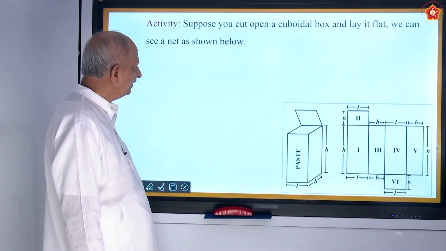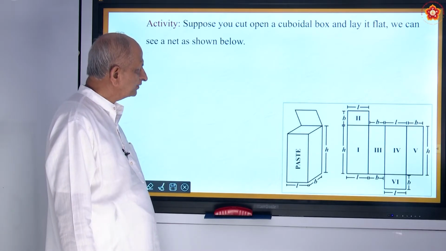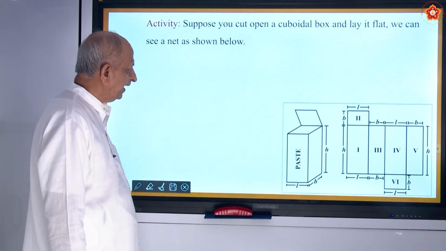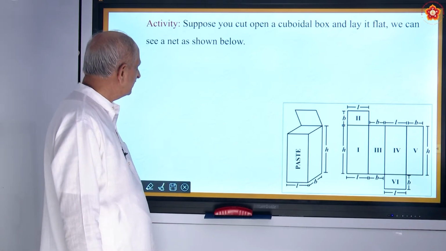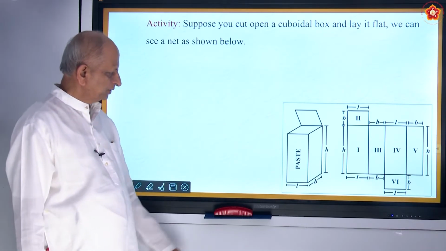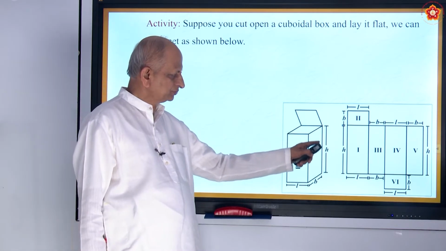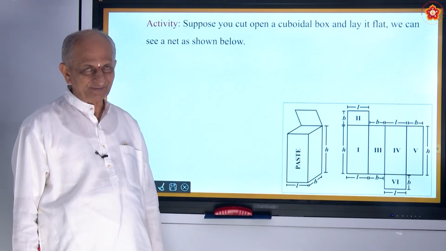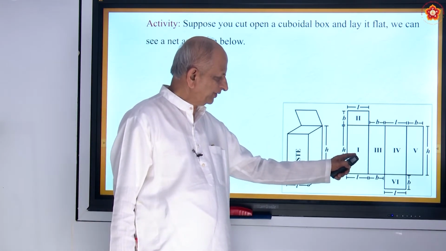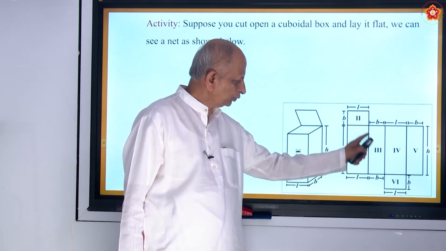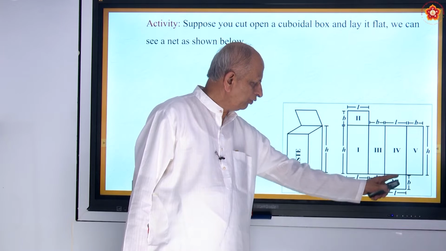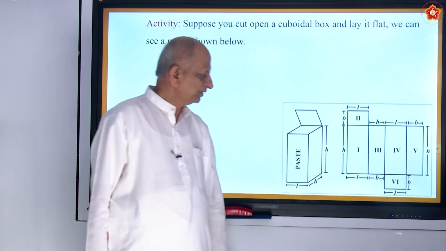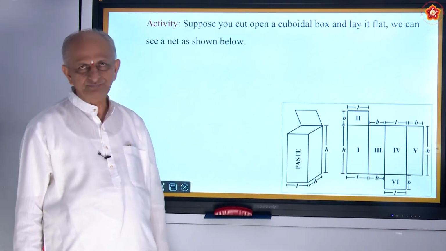Suppose you cut open a cuboidal box and lay it flat, we can see a net as shown below. Suppose you open one rectangular box, there will be 6 surfaces. Surface 1, 2, 3, 4, 5, 6. So this is called a net.